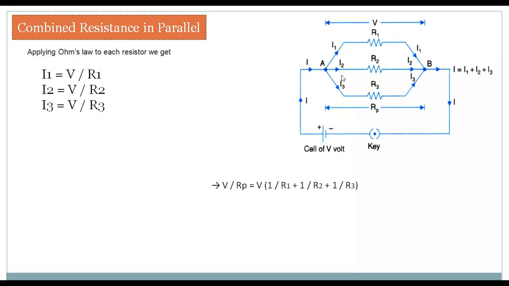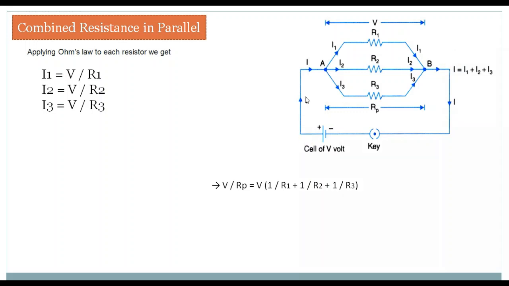But what happens to the current? See, as the current reaches point A, the current has to go through all three resistances. That is why the current gets divided here. Some part of the current will go through this resistor, some part through this resistor, and the rest through this resistor. After coming out from point B, all the currents get added up to the current of the whole circuit.